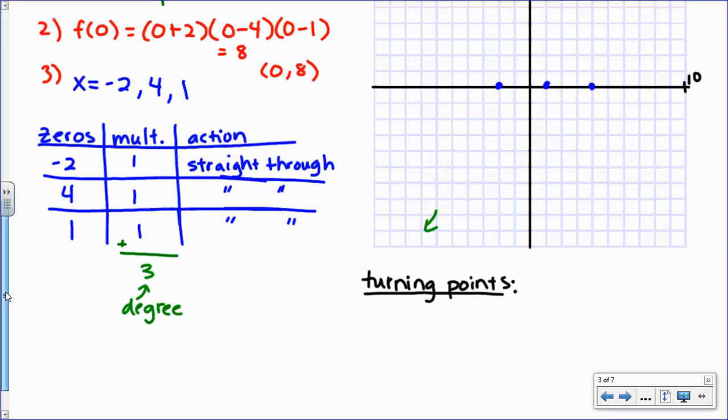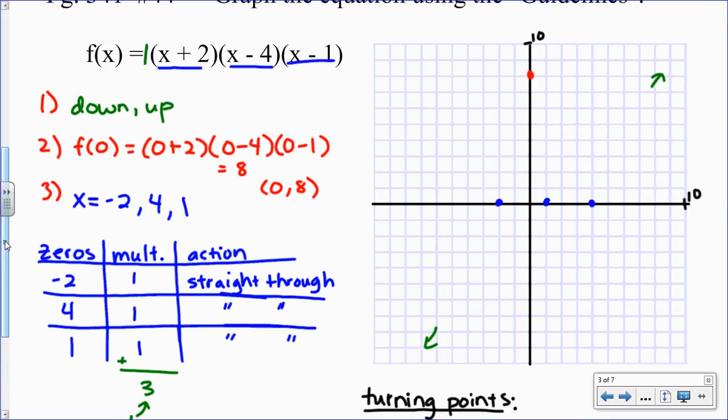All right, so we want to use our mid-interval. So here's my 3 zeros. And I know I go through, and then I'm going to have a turning point somewhere between -2 and +1 because I go through here too. So in between here, that's going to be at the mid-interval.